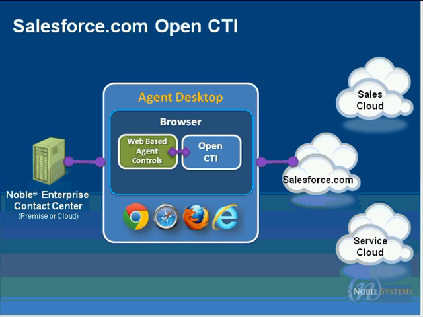Just at a high-level architecture, one of the things that makes it powerful, again, being browser agnostic, is that you can use any browser to access Salesforce.com and the Noble Salesforce OpenCTI application. It also allows you the ability to localize all of the communication between the Noble Enterprise Contact Center and the Salesforce.com applications at the agent's browser level.